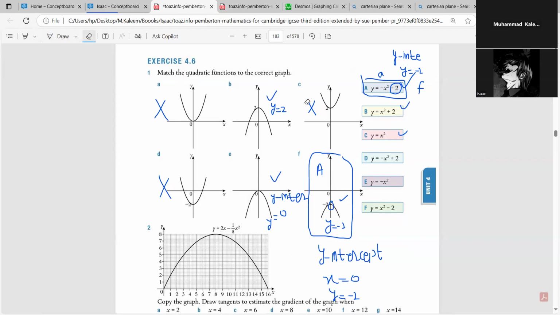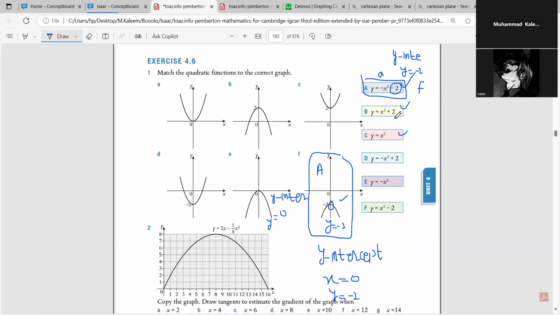Try to solve it. Firstly, you have to tell me the possibilities with respect to the leading coefficient. For this one, is graph A possible?